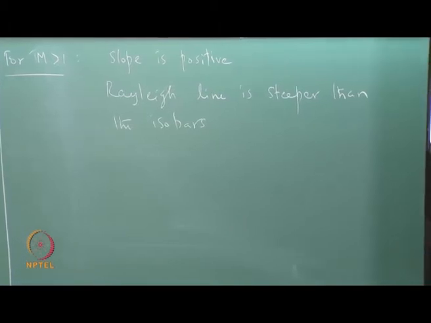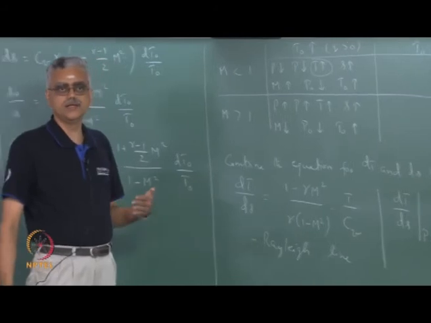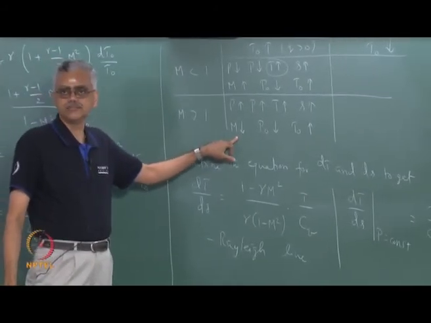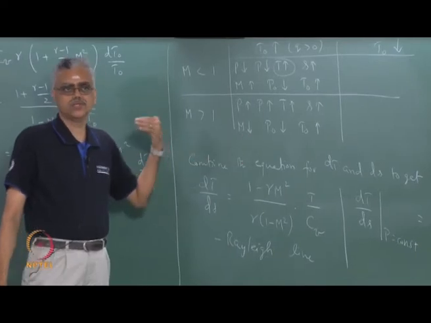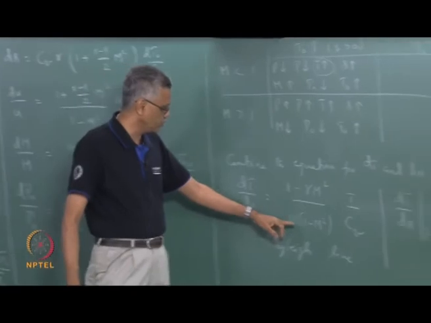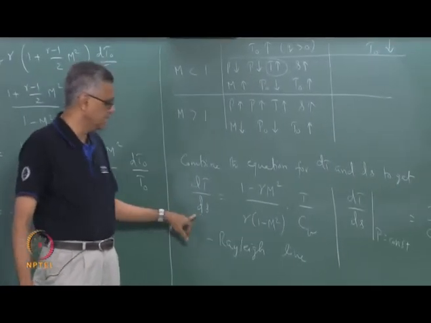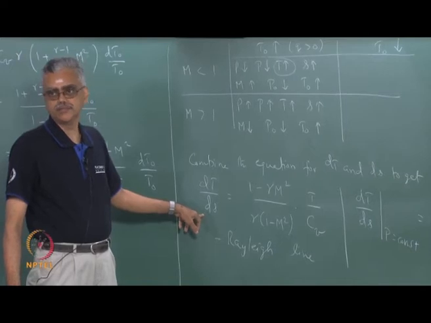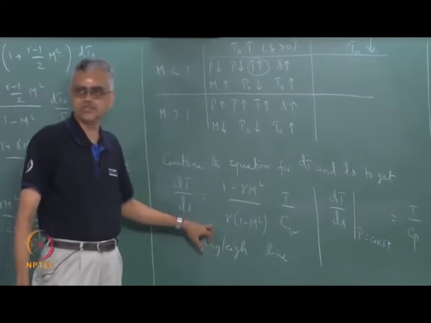Now as M tends to 1, remember we said that when you add heat to a supersonic flow, the Mach number decreases. So you start from Mach number greater than 1, it keeps decreasing, and as M approaches 1, notice that dT/dS approaches plus infinity, because dT/dS is always positive.